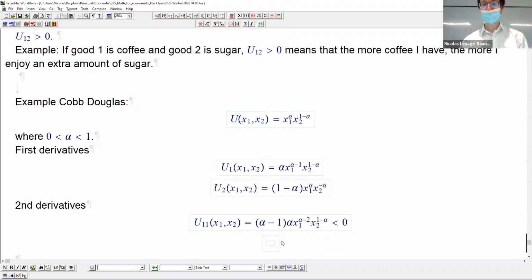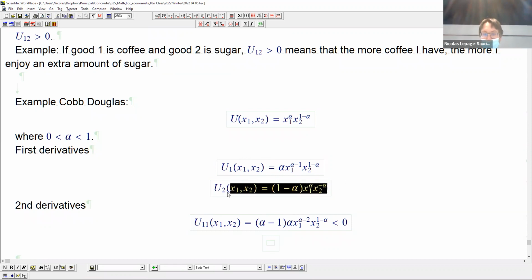So second, not cross derivative. So let's derive with respect to x2. So we get minus alpha, 1 minus alpha.